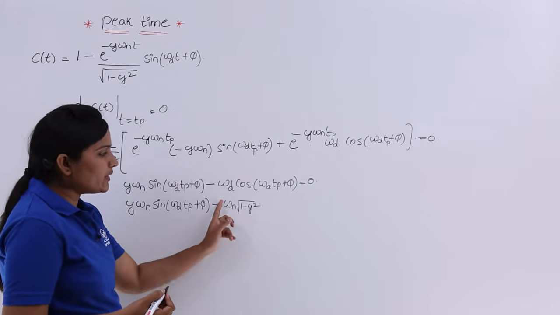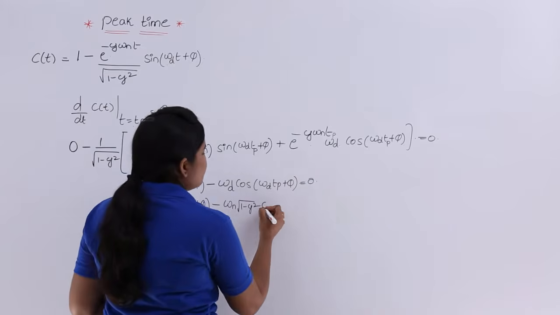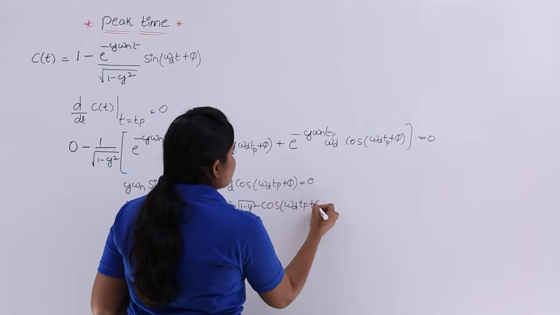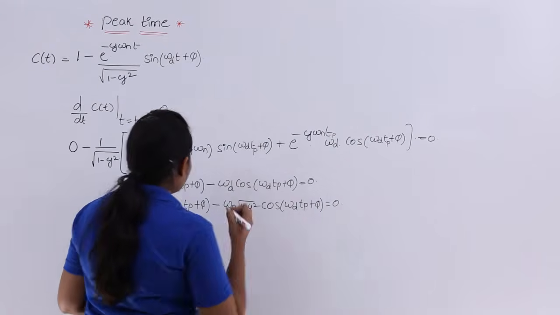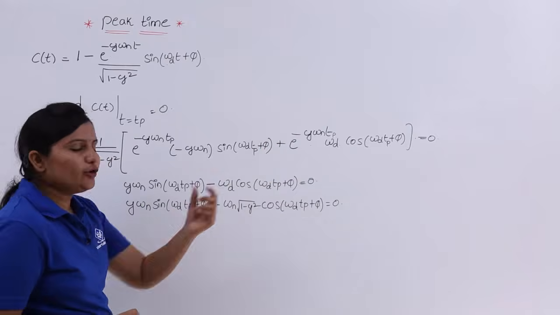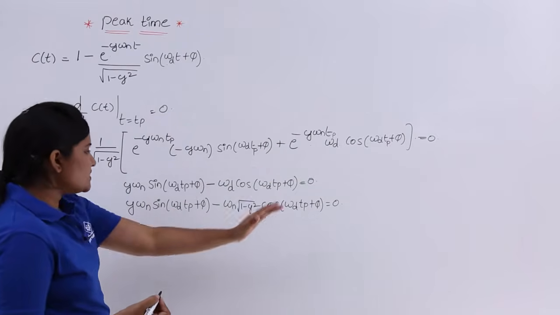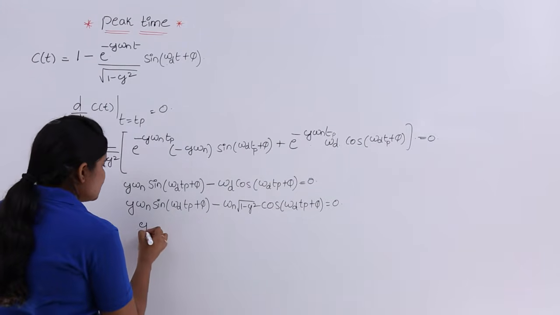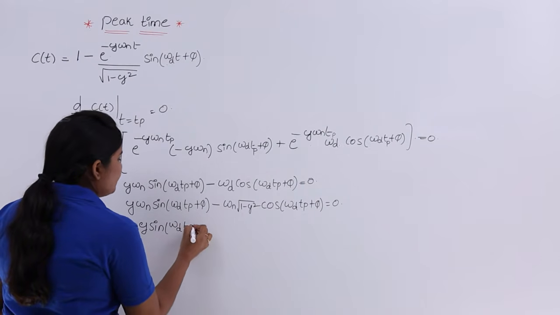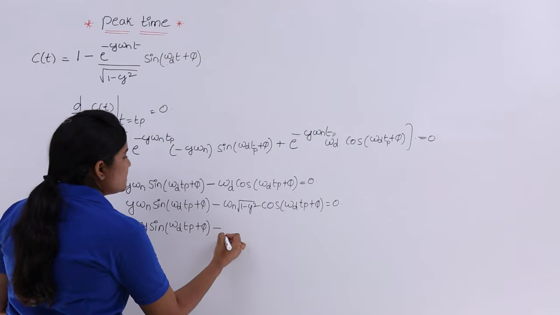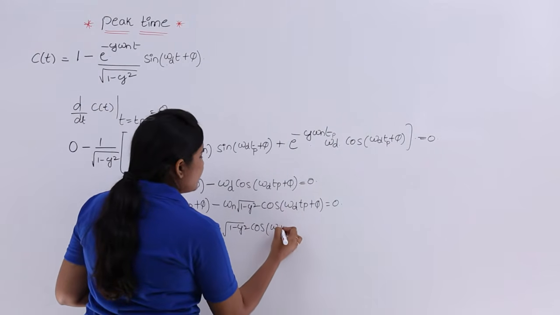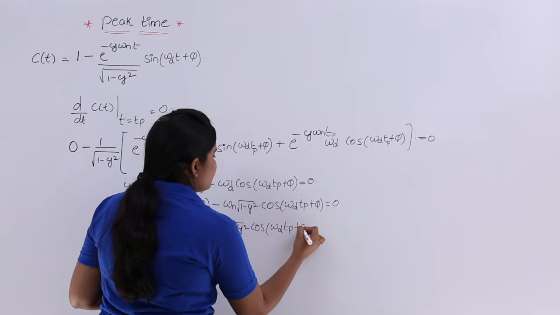I am replacing omega d with this term, and the remaining I am writing as cos omega d Tp plus phi, equal to 0. Now you can see I can take omega n common and send it to that side. The remaining is zeta sin omega d Tp plus phi minus root of 1 minus zeta square cos omega d Tp plus phi.